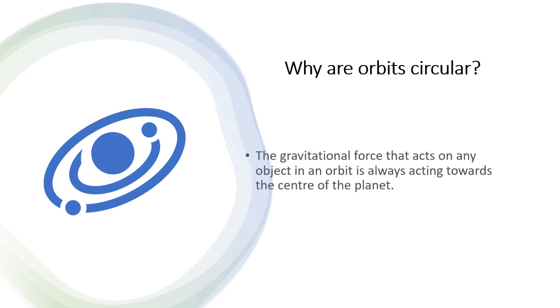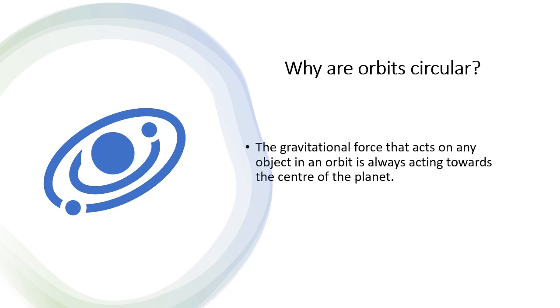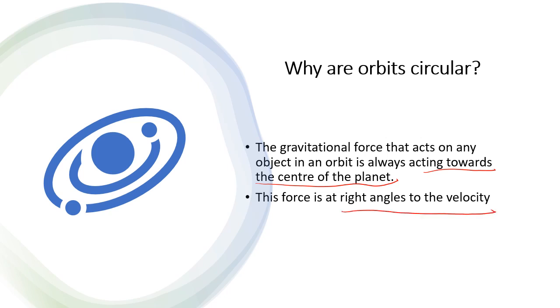And this gravitational force of attraction is always acting towards the center of the planet. And this force is always at right angles to the velocity of the satellite. So if I have a planet here and a satellite, the satellite is trying to go like this.